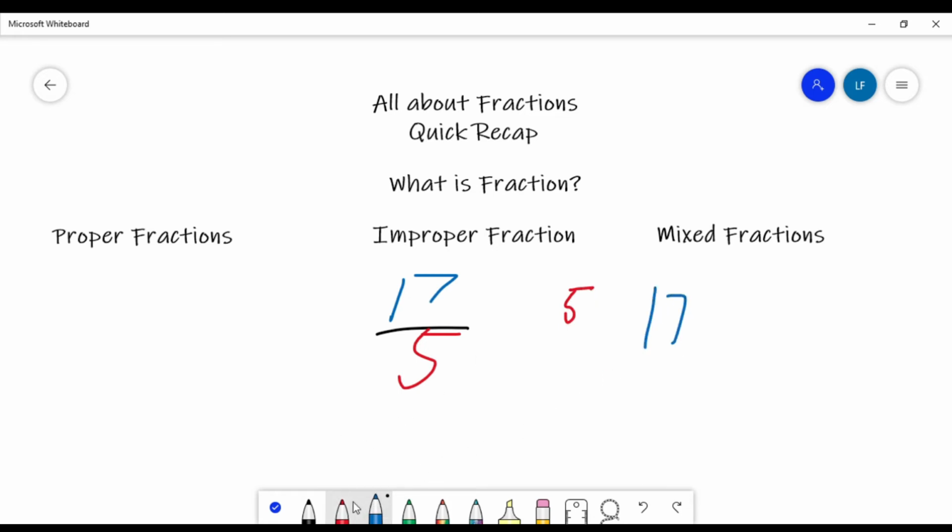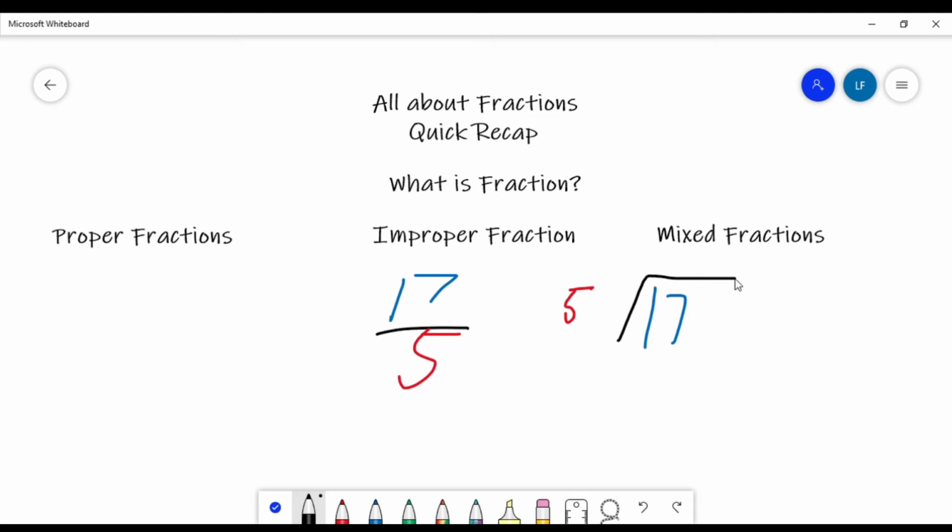17 divided by 5. Now we have to divide them. So what times 5 equals 17? Well, 17 is not in the table of 5.